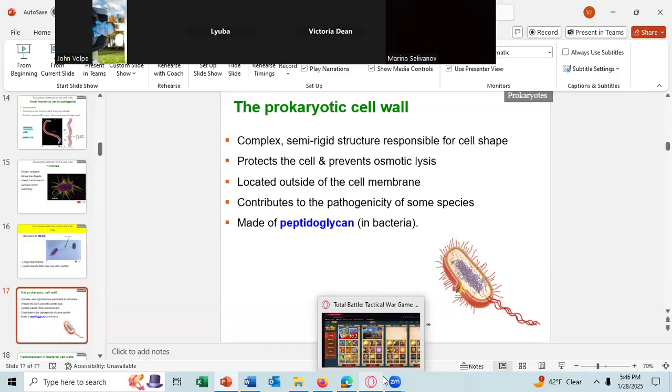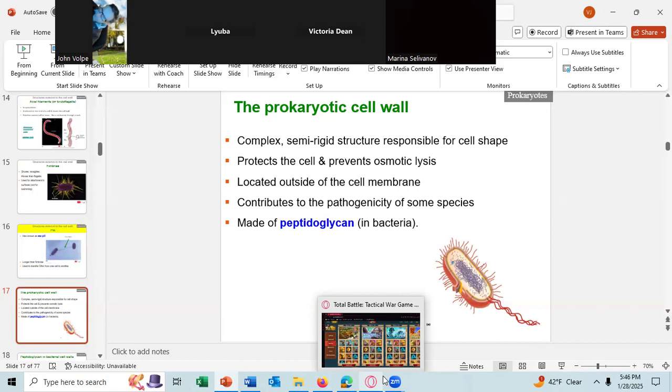So I mentioned the cell wall can help protect the cell from osmotic lysis. It can help protect the cell in other ways too, like preventing antibodies from binding to the cell. The prokaryote cell wall is located outside of the cell membrane.